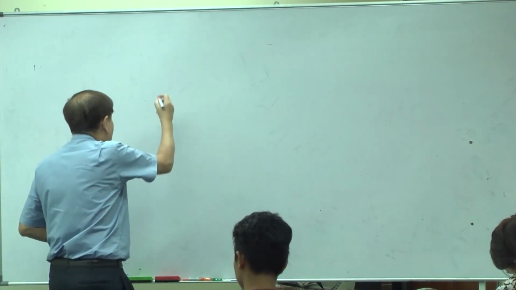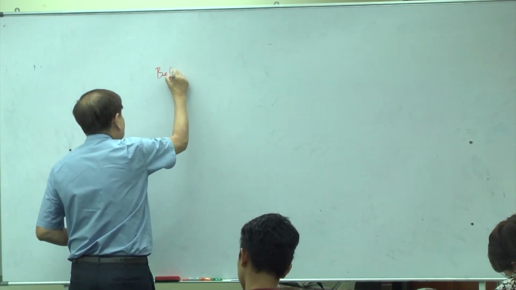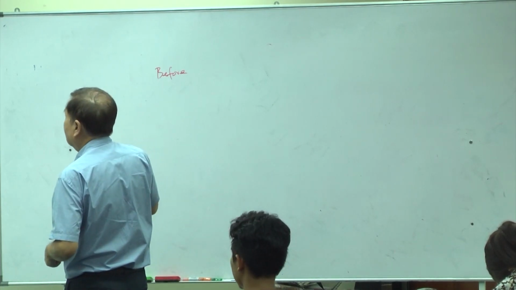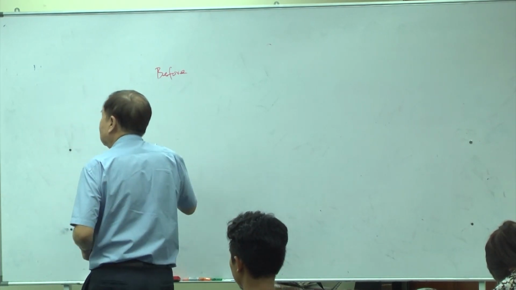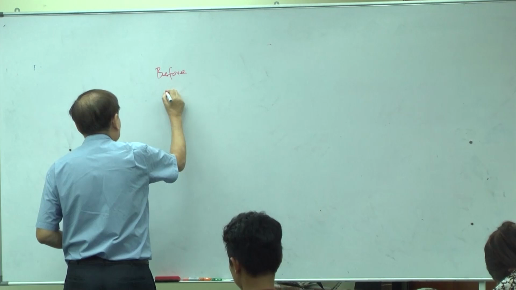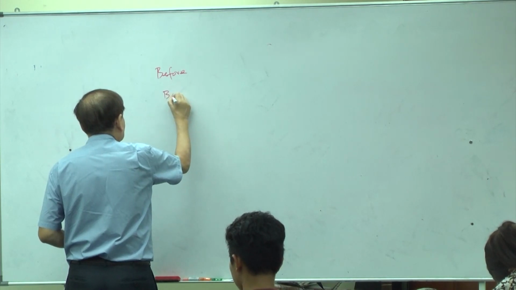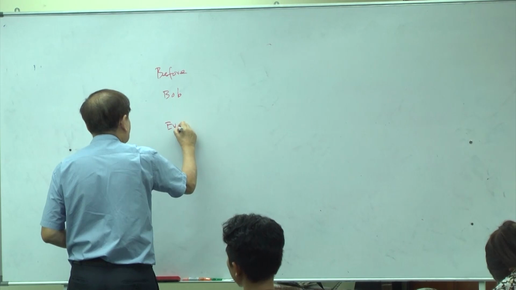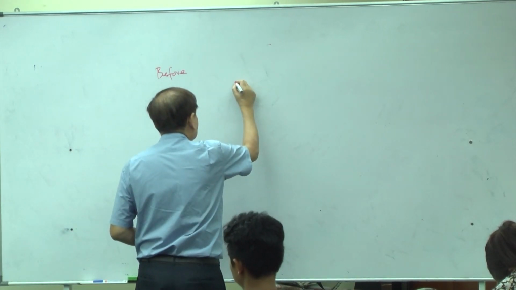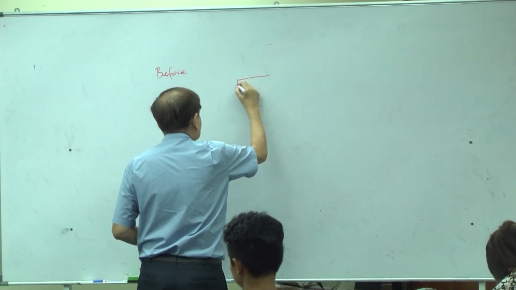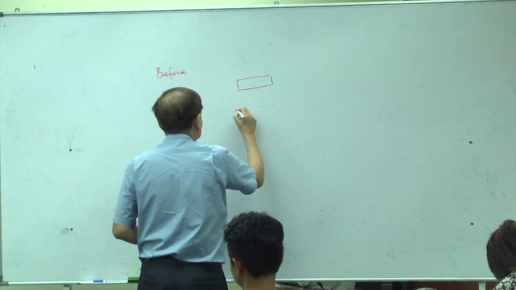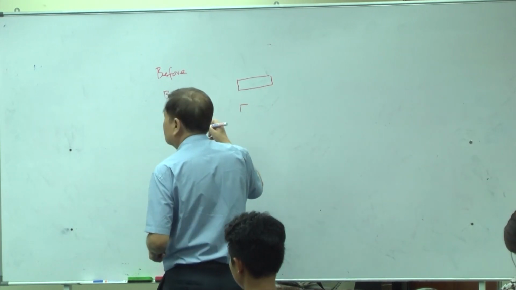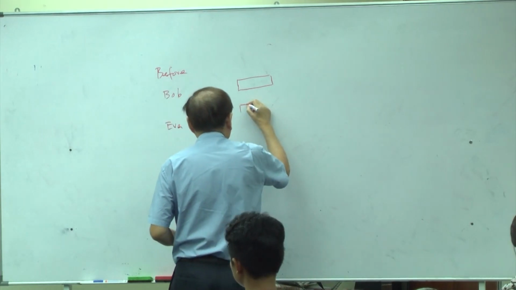So before, your model must be like this, right? Before. What are the people? Bob and Eva. Eva is younger. How old is Eva? 22 years old. 25, 24, okay.